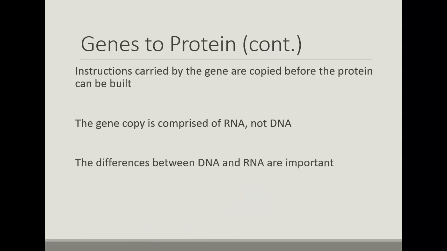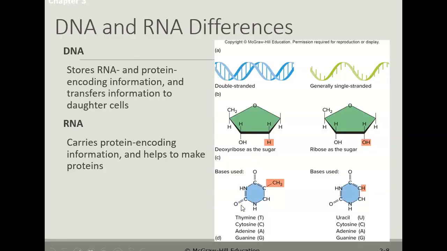So RNA is a nucleic acid, DNA is a nucleic acid, but there are some very important differences between DNA and RNA. So we've gone through DNA, right? We know it's double-stranded. The sugar is deoxyribose. We use the bases thymine, cytosine, adenine, and guanine. RNA information is a copy. We make it from a parent strand of DNA.